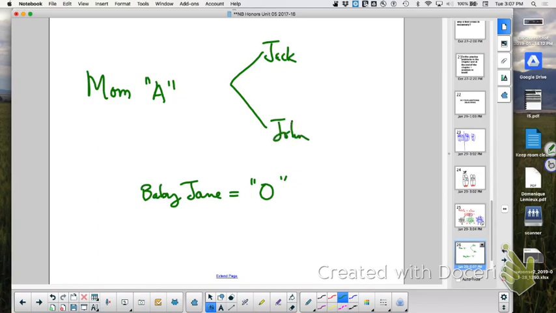Don't say anything out loud. Jack is type B blood, and John is type AB blood. Now, you may be able to guess right away who's your daddy. That's assuming mom only slept with Jack and John. We don't really know. But also give evidence as to why that would be.